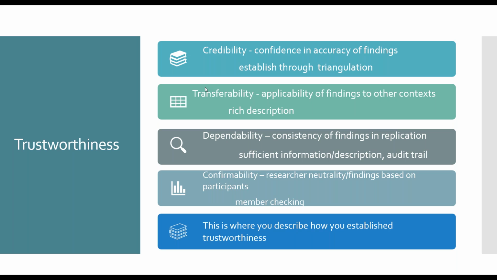But I wouldn't in this chapter go into what each of these 4 aspects are, but what you want to do is talk about how you establish them in your own study, and if anything differed from what you proposed to do in your methods chapter. Okay. So this is where you get to describe how you established trustworthiness of your data.